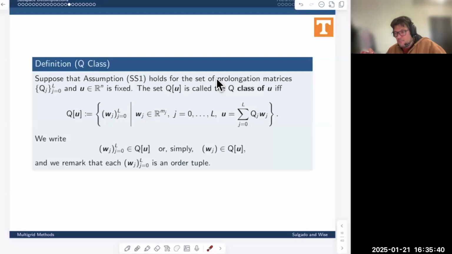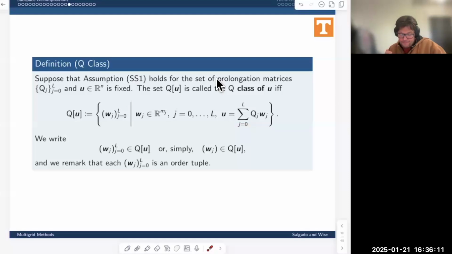There might be a bunch of these in the collection. So these are all of those collections of WJs which can rebuild U through this process. In other words, they're all the different coordinate representations of U. They may not be unique, so there could be a lot of them. However, they could be, like in the case of the hierarchical basis, unique.